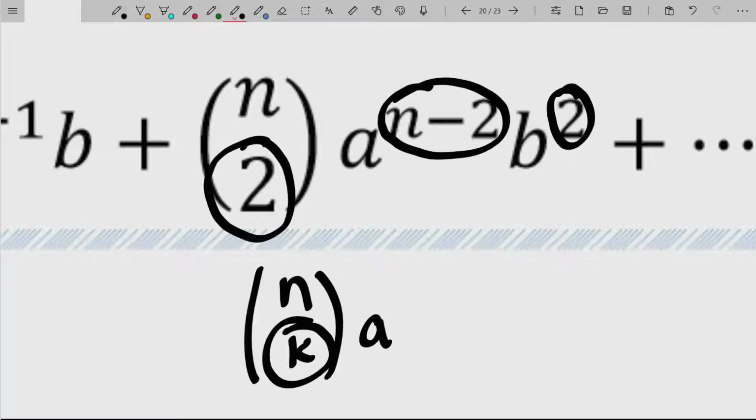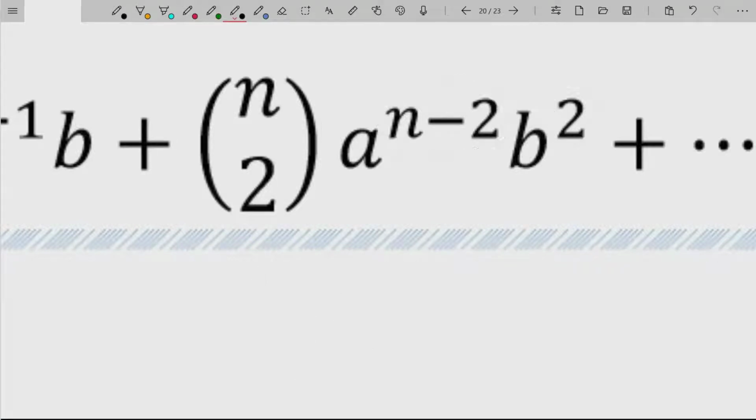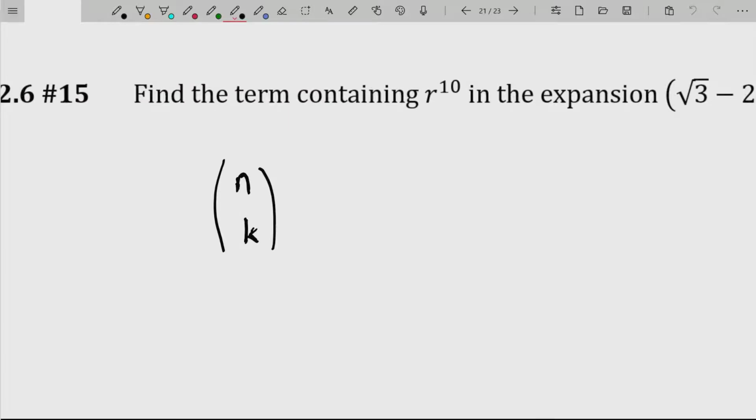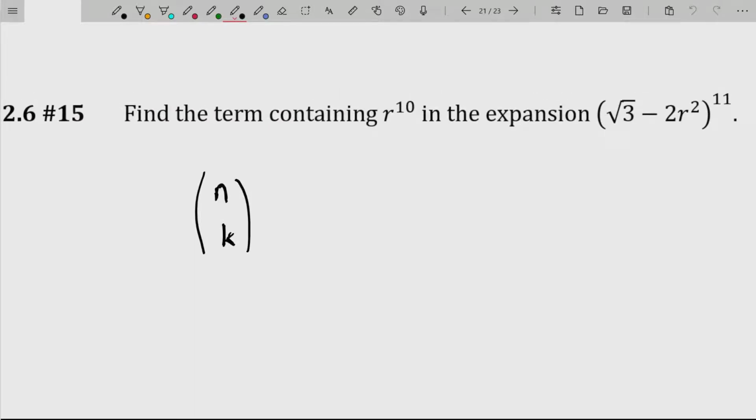So we're going to use that notation in the example. The standard term, any given term in this expansion, the kth term, if you will, looks like the following: n choose k, a to the n minus k times b to the k.